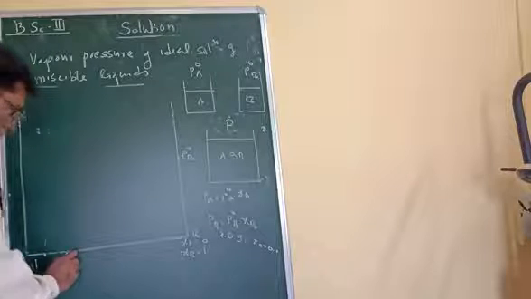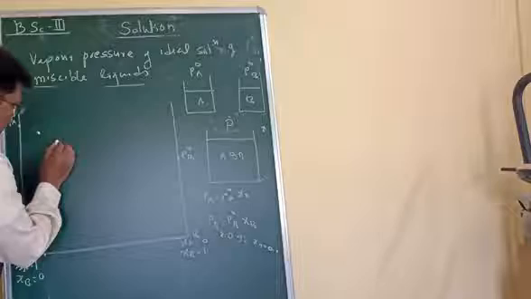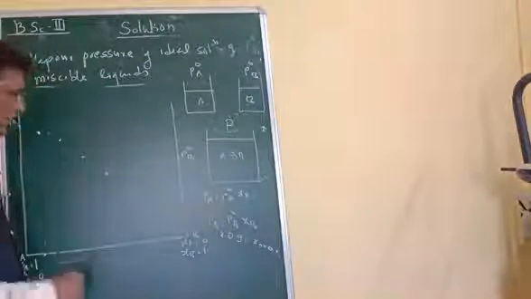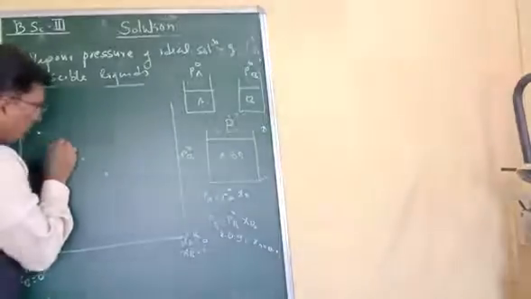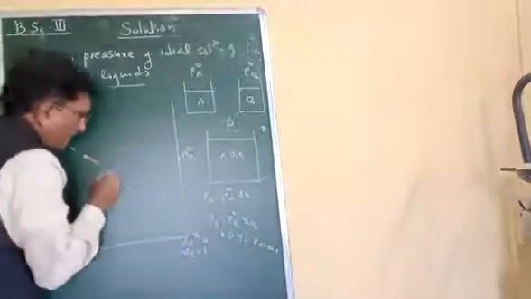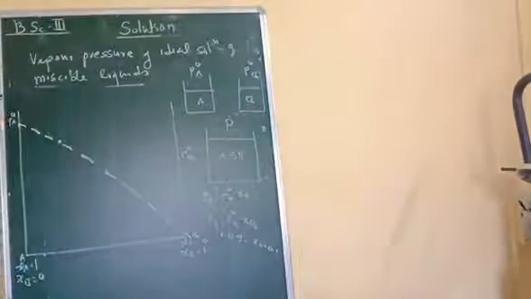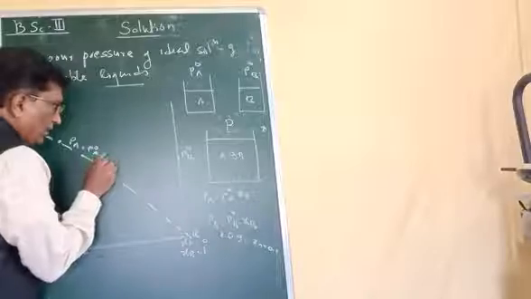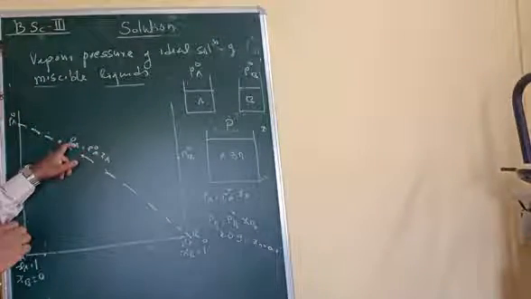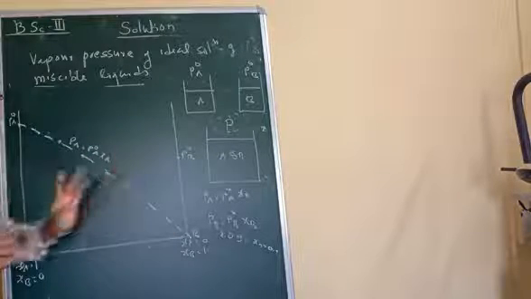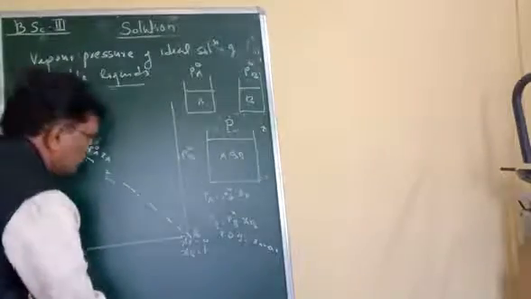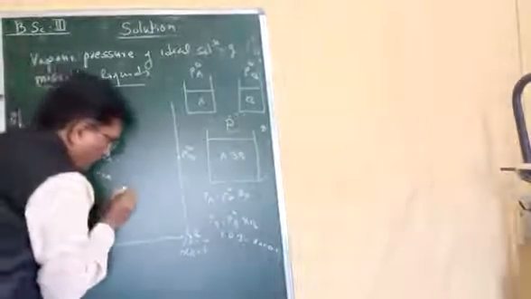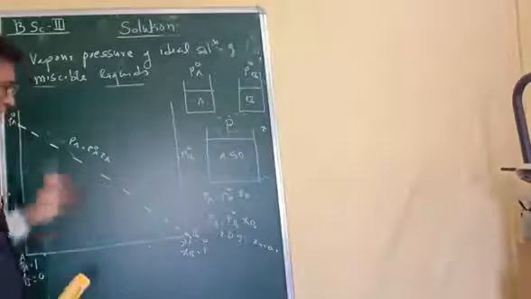If you consider another composition here, 0.8, 0.2, then the vapor pressure becomes this, and if we perform the experiment, then we get this point, and if we join these, we get a dotted straight line, and the equation of that is PA is equal to P0A XA, because with the help of this equation we determine the vapor pressure of component A in solution, that means the partial vapor pressure of component A. Now it is somewhat curved, but it should be a straight line, and therefore if we join these dots, we get this straight line.